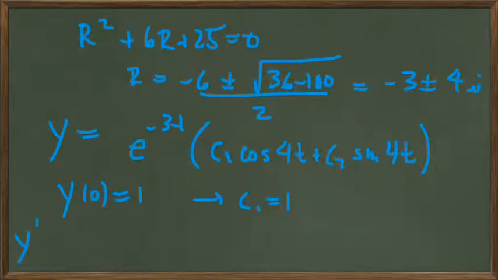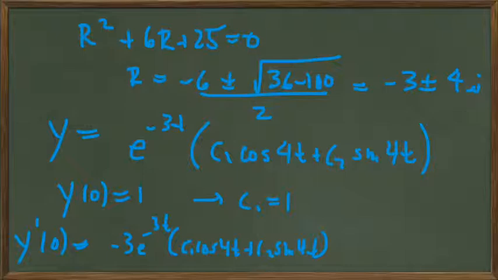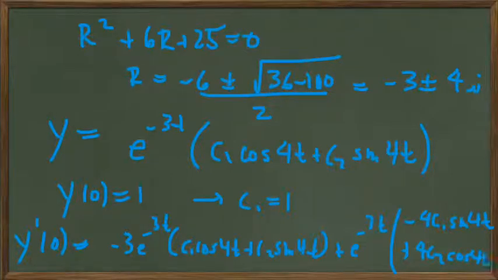Y prime of 0 takes a little bit of work, right? It is minus 3e to the minus 3t times c1 cosine 4t plus c2 sine 4t, and then e to the minus 3t times minus 4c1 sine 4t plus 4c2 cosine 4t.